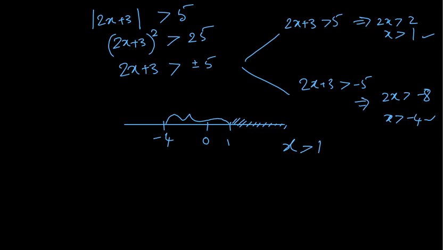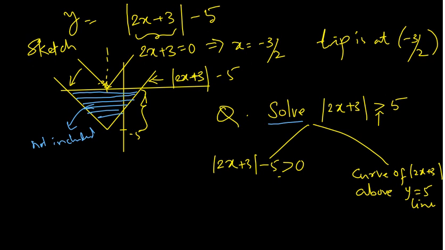So go back to the graph. When we look at this value, when this becomes 0, this becomes 5. When this becomes 5, this becomes 0, right? 5 minus 5. So 2x plus 3 equal to 5. So that's x equal to 1.